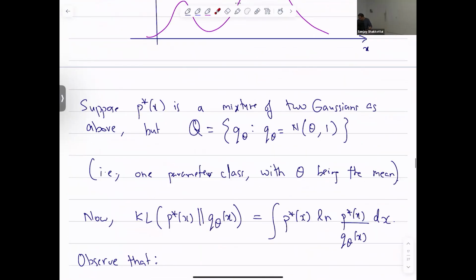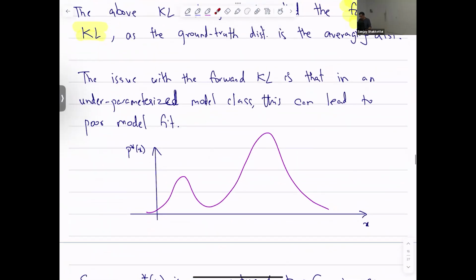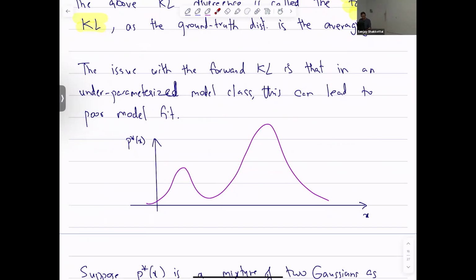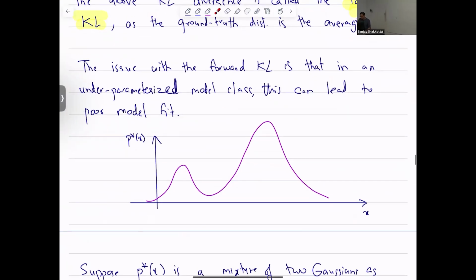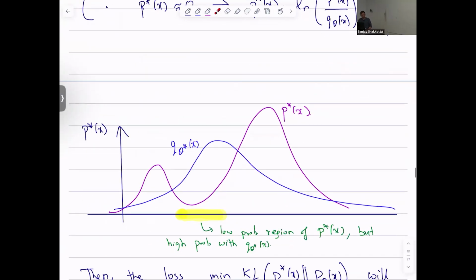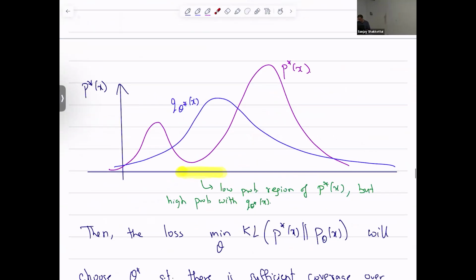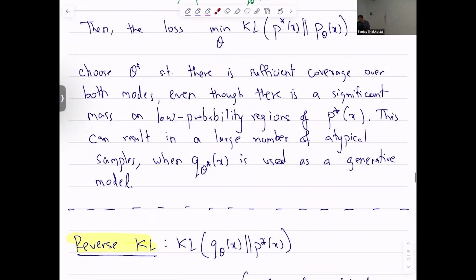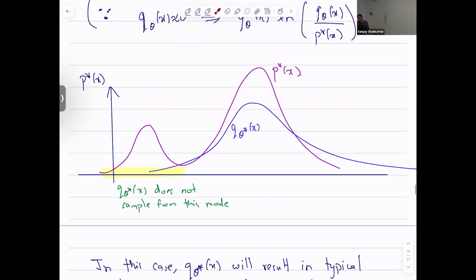If you are in an underparameterized setting, and this is how the ground truth P star looks, the forward KL will average across all modes. The forward KL will return a Q star that looks like this. The forward KL is P star, Q. The reverse KL will go this way.